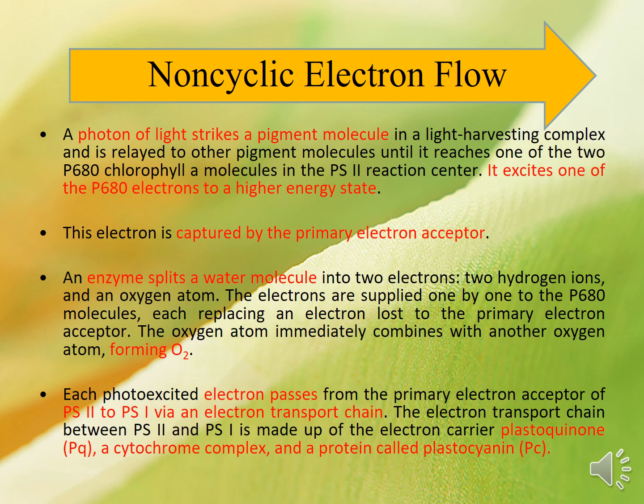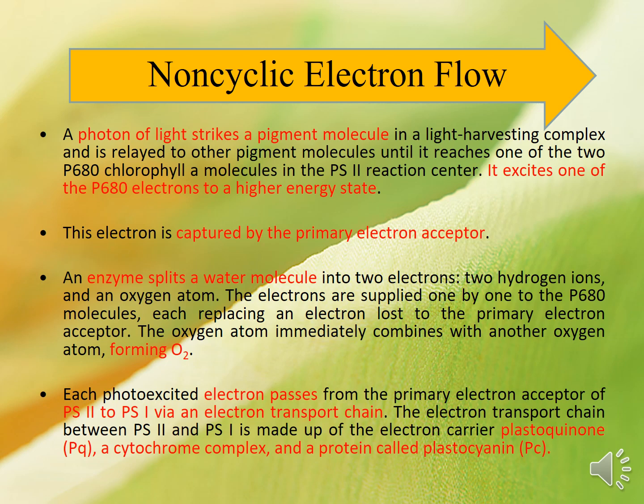So it splits the water into 2 hydrogen ions, 2 electrons, and also an oxygen atom. And the electrons are supplied one by one to the P680, replacing the electron that was lost to the primary electron acceptor.